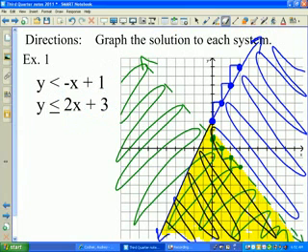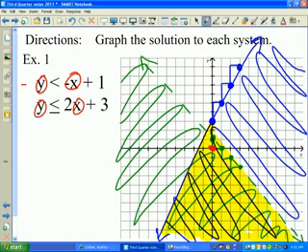So let's test it. If I pick (0, 0), that's in that shaded area. That means if I plug a 0 in for y and a 0 in for x, I should get a true statement each and every time.